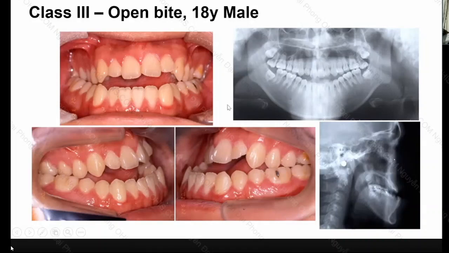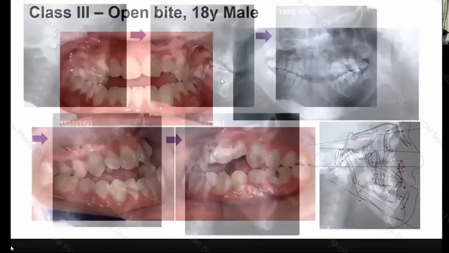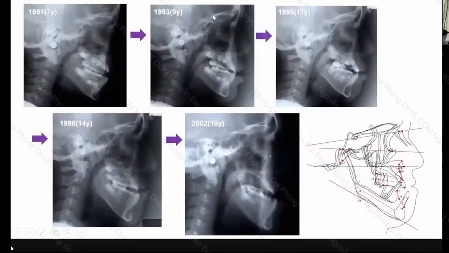Then if we see the sequence of cephalogram, you can see here, this is 7 years old, 9 years old, up to 18 years old. The class 3 development like this.